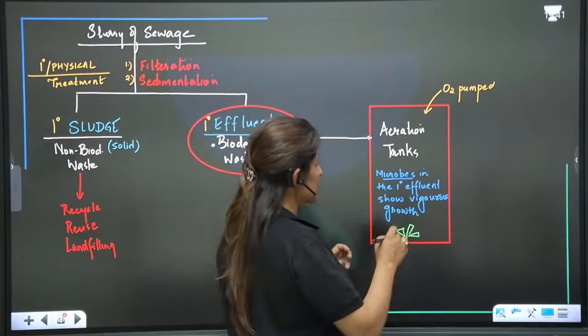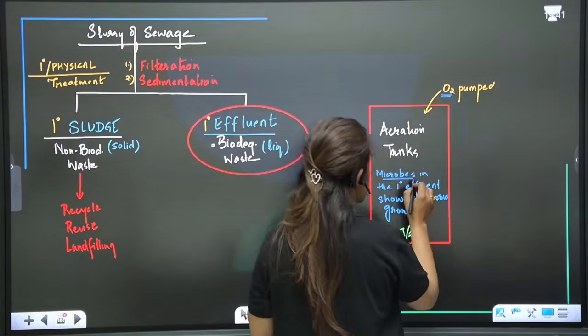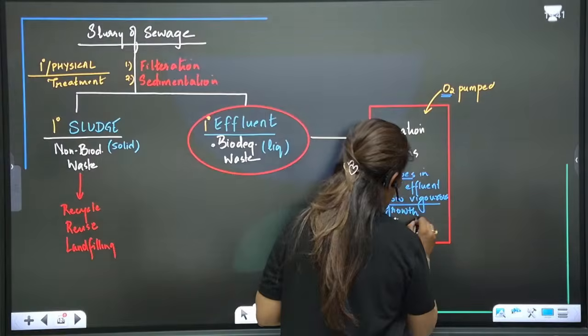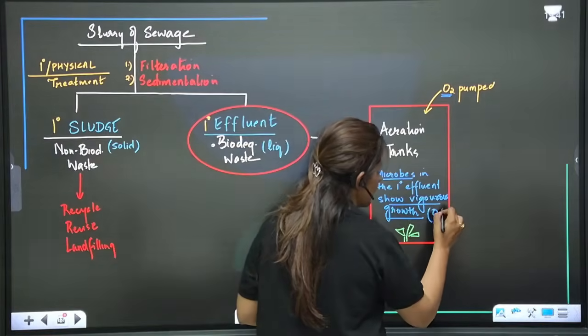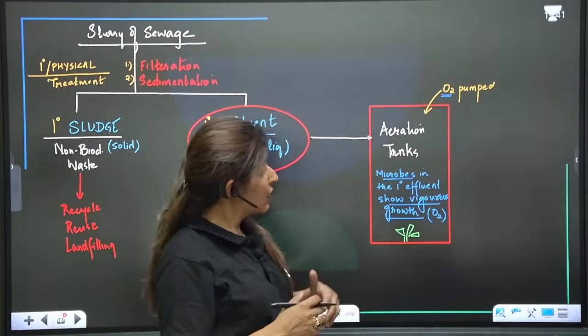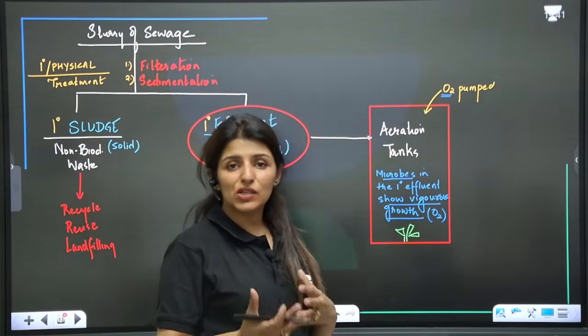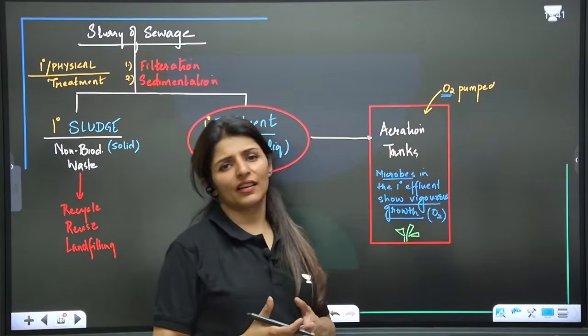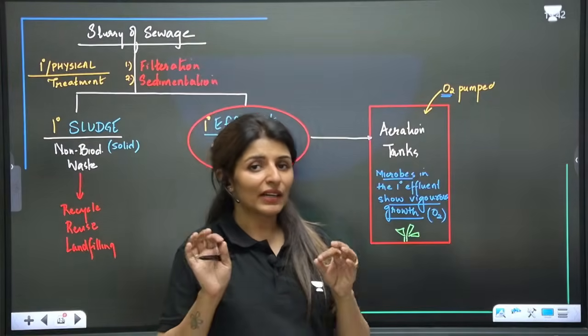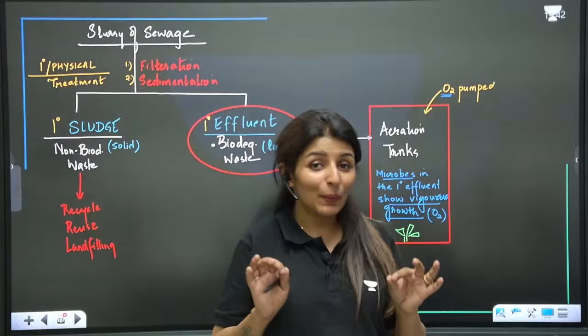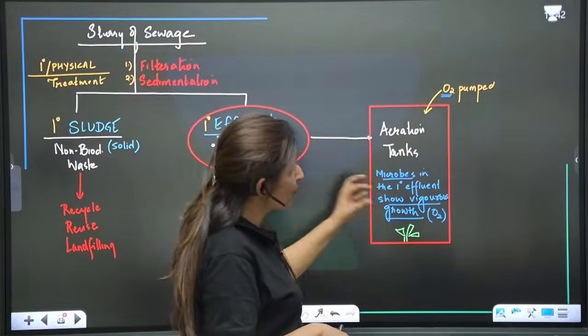Oxygen actually helps in vigorous growth of these microbes. Is that clear? It is because of oxygen. So what does this indicate about the nature of these microbes? That they are aerobic. And also we will study in ecology that decomposition is an aerobic process, right? So we need to pump in more oxygen.